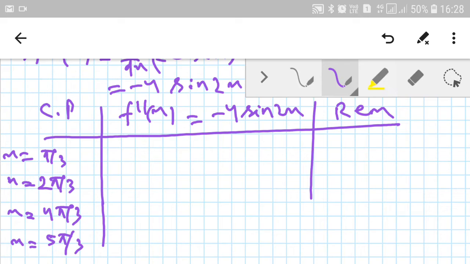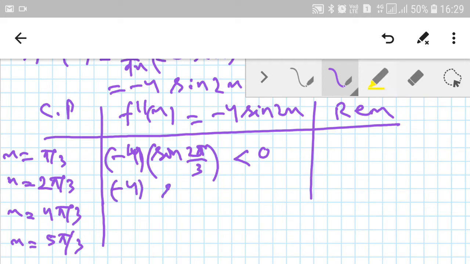Here if I put pi by 3, f double dash x will be minus 4 sine 2 pi by 3. Children, this value is positive since it lies in the second quadrant. So positive and this is negative. If it is so, then negative into positive, it will be less than 0. Similarly, this one will become minus 4 sine, and this will be 4 pi by 3.